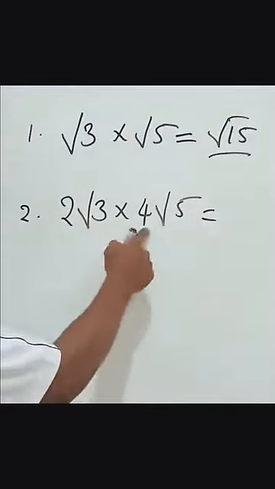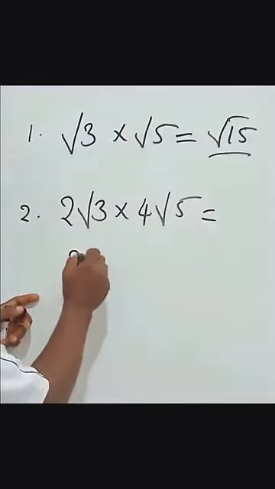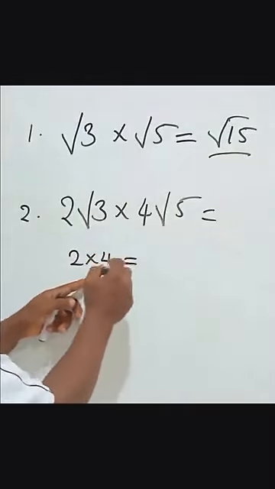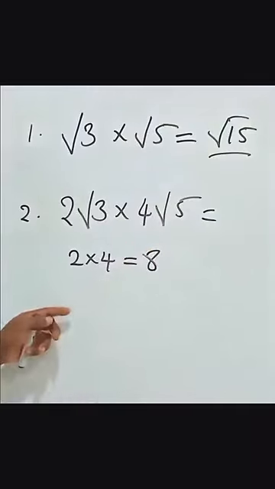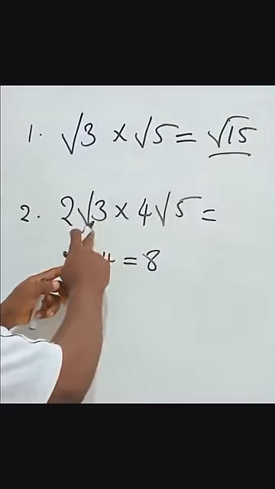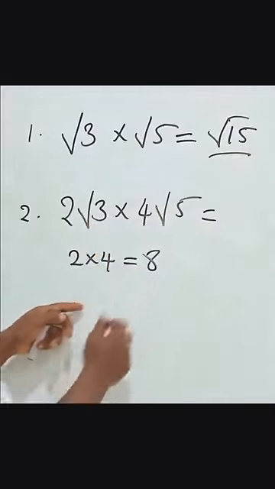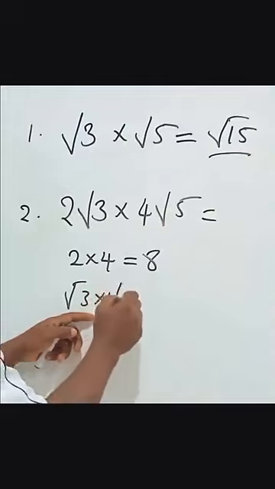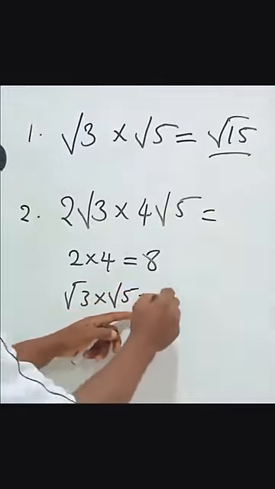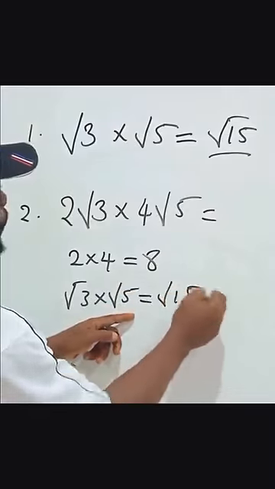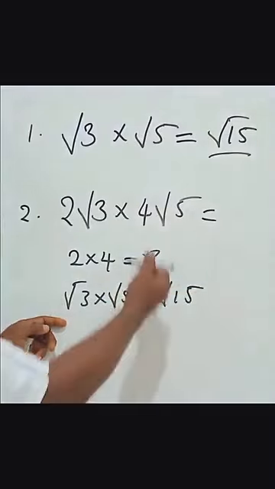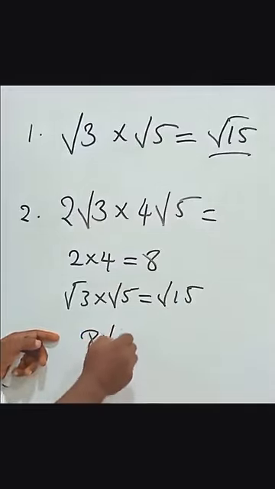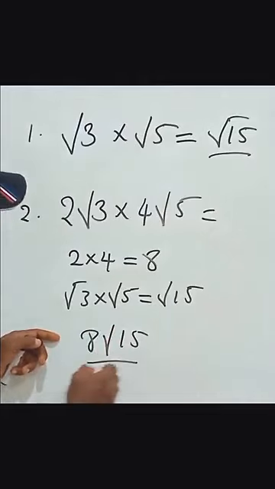So 2 multiplied by 4 is the same thing as 8. Square root of 3 multiplied by the square root of 5 is the same thing as the square root of 15. If we combine the two values together, this becomes 8 root 15.